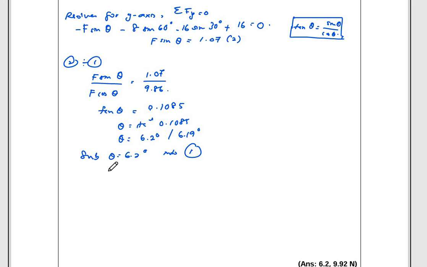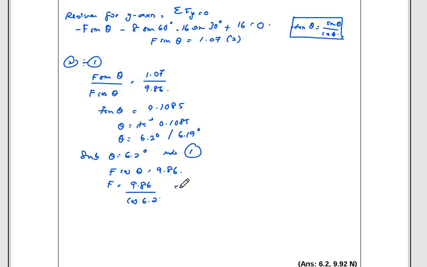Kita dapat 1, so you akan dapat F cos theta 9.86. Okay, so F dia 9.86 divided by cos 6.2.